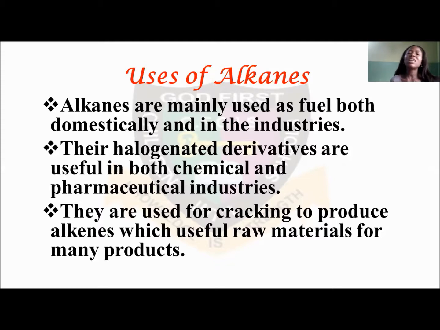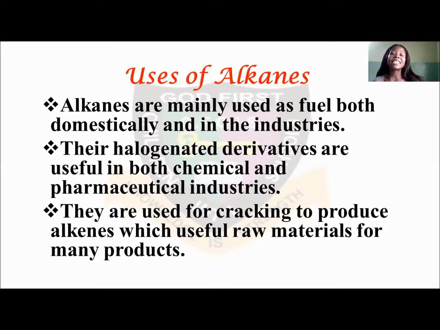Then the halogenated derivatives are useful in both the chemical and pharmaceutical industries. For example, some are used as analgesics in medicine, while some are used to make insecticides and other things. Then alkanes can be cracked to produce alkenes, which are useful raw materials for many products. For example, ethene is used to make polyethylene, the polyethylene we use generally around us.